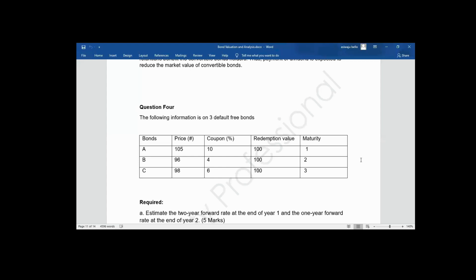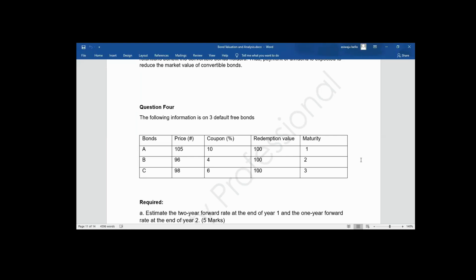Now the question is, how do we compute forward rates? And how do we compute spot rates? We have explained the computation of spot rates. To compute your spot rates, you are going to have the current price of the bond. Then you are going to have future cash flow from the bond.